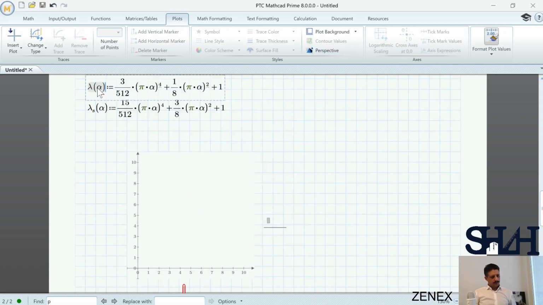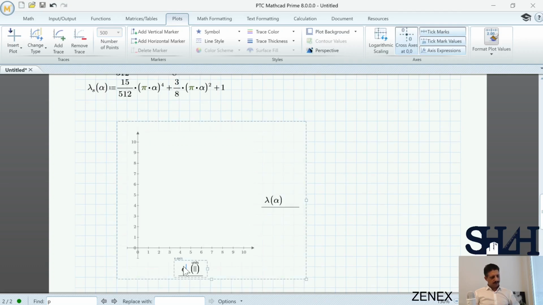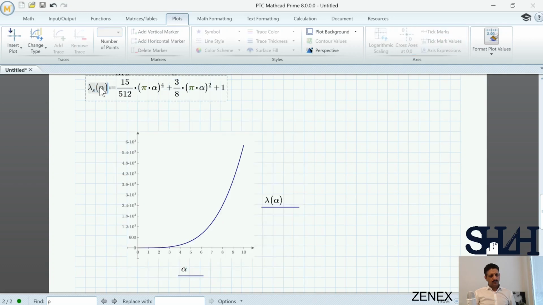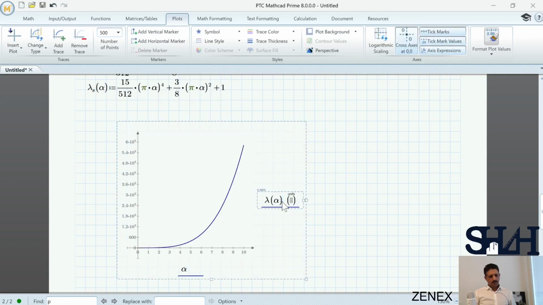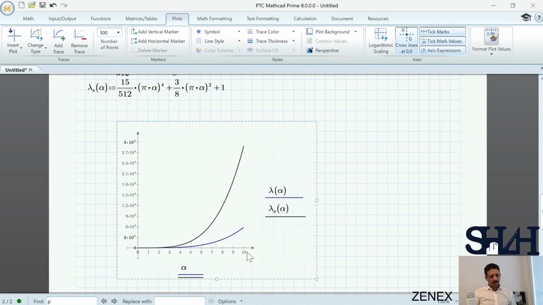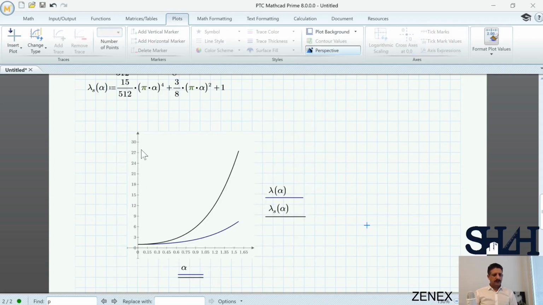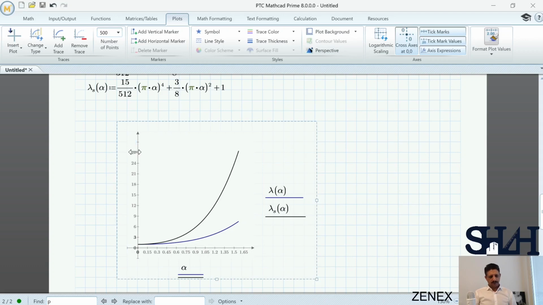So it will be lambda alpha, and this will be alpha. And if I just change this to pi divided by 2. So here we can see that, let's limit this value to 10. I can change this trace factor with this style of dash line.